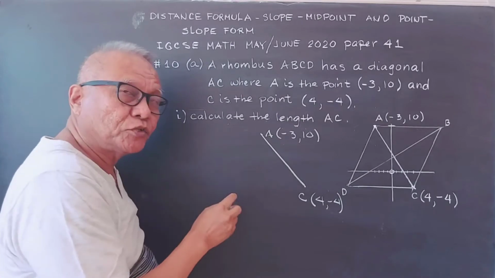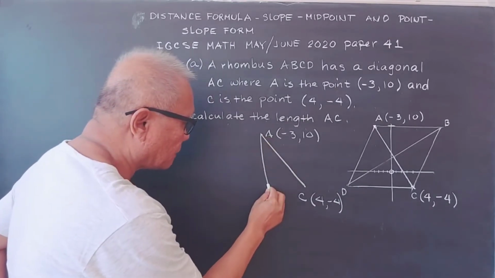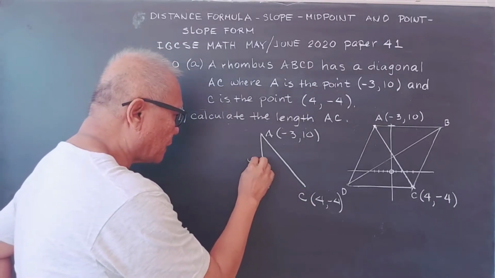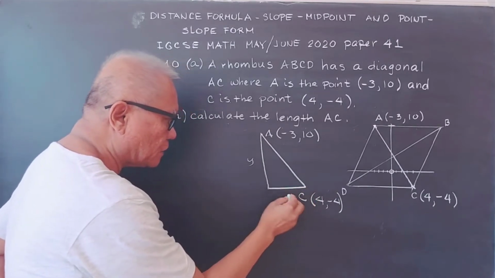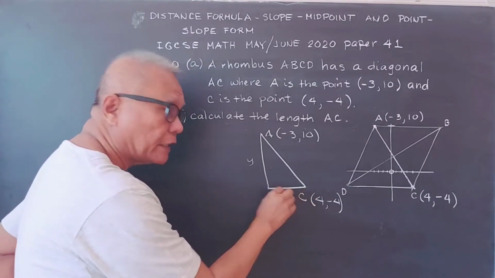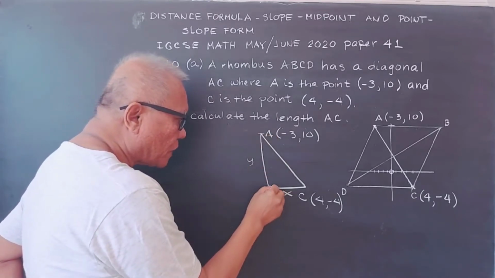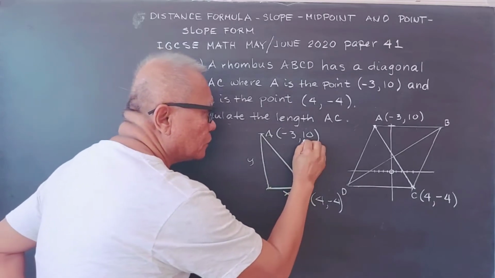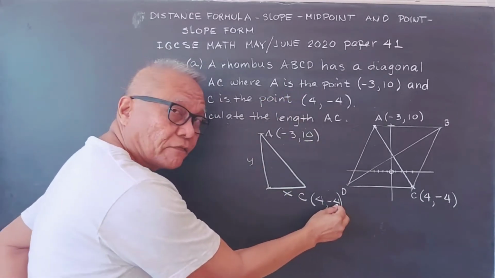Now, if we are going to use the Pythagorean theorem, this is the height of our triangle, and this is our y. This one is our base, which is really our x. How do we determine the height of our y? The height of our y is equal to the 10 minus this -4.